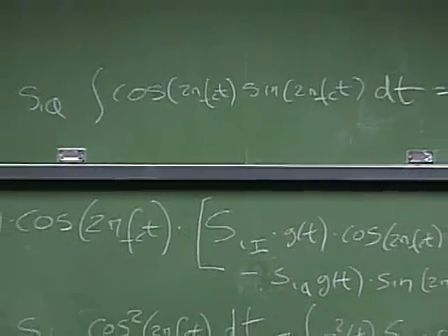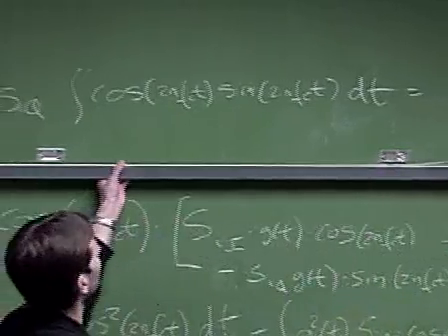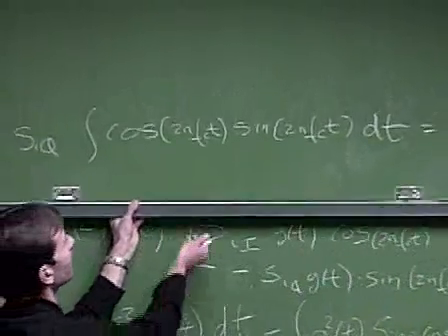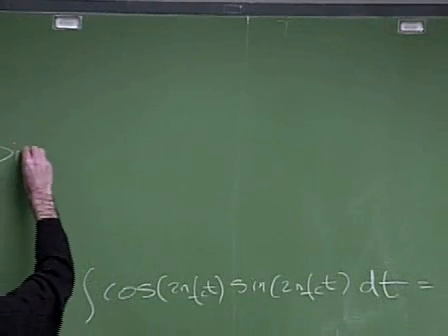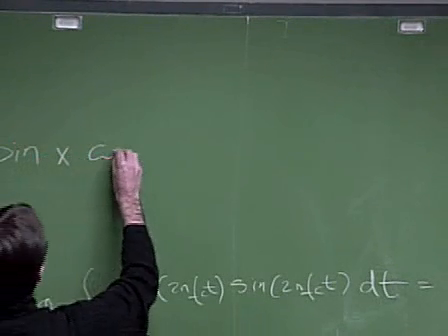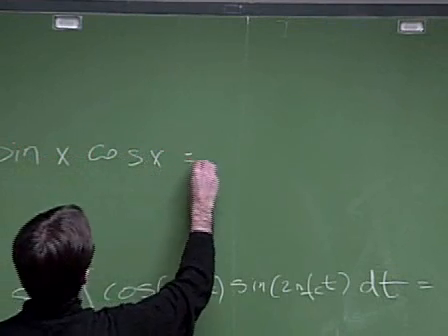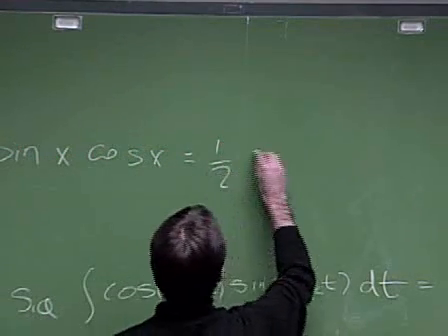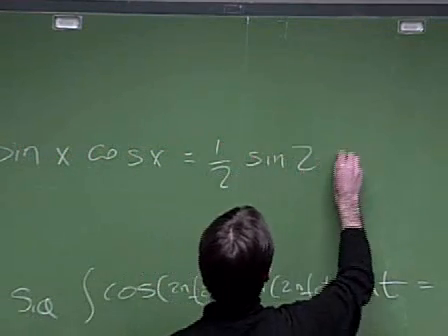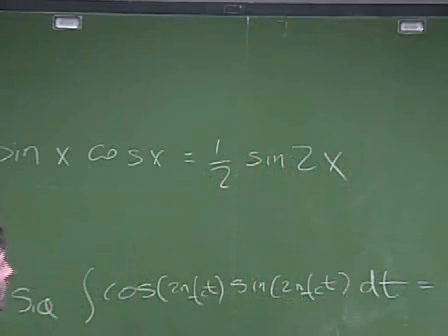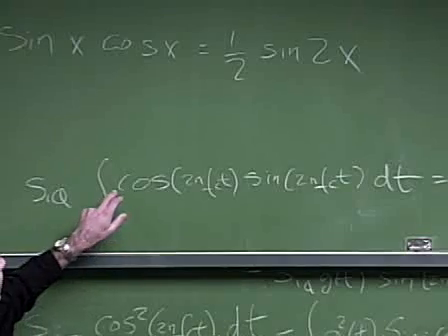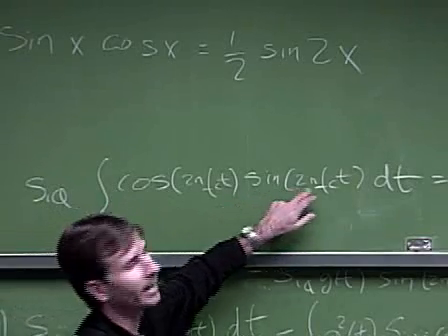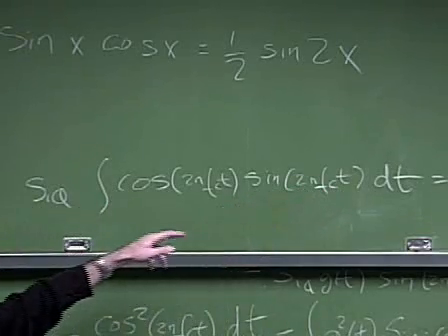You may remember I showed you some useful trigonometric relationships a few lectures ago, and there was one that said that sine of x times cosine of x is equal to 1/2 the sine of 2x. So this is just the integration of a sine of 4 pi f_c t, except for the 1/2.